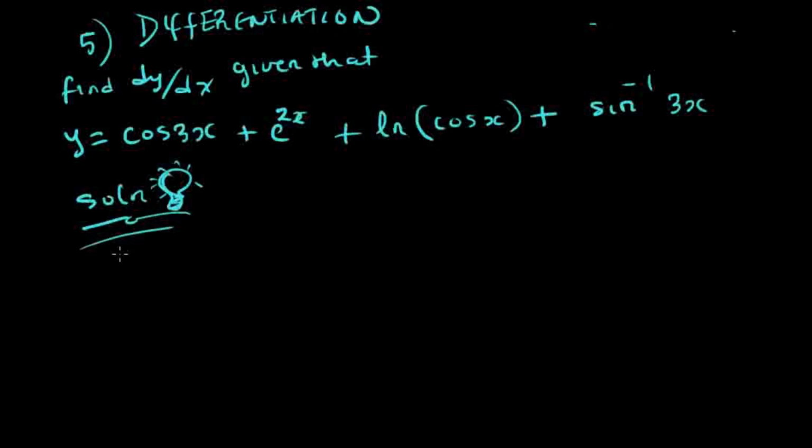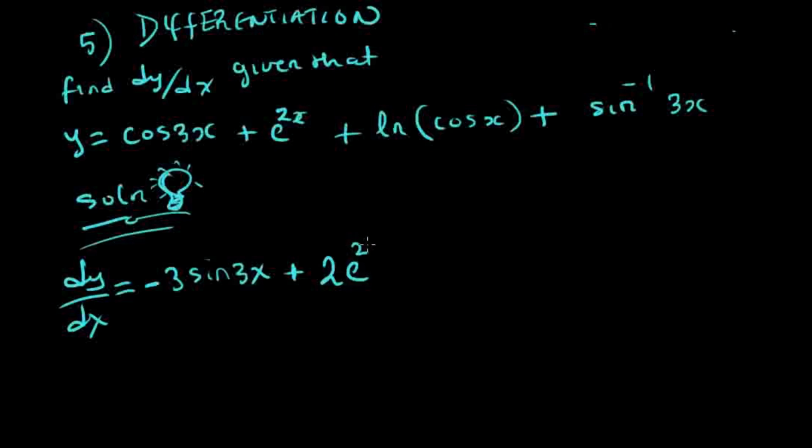So you need to remember the principles of differentiation. For dy dx, differentiating cos 3x, I'll definitely have a minus 3 sine 3x from the chain rule. Then differentiating exponential 2x, you need to differentiate 2x first, and it gives you 2, and you return exponential 2x.